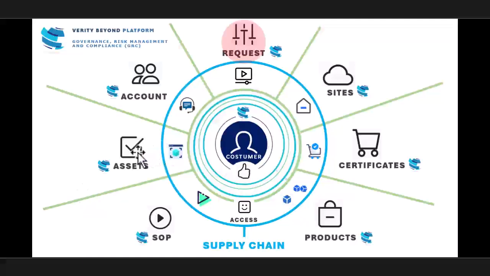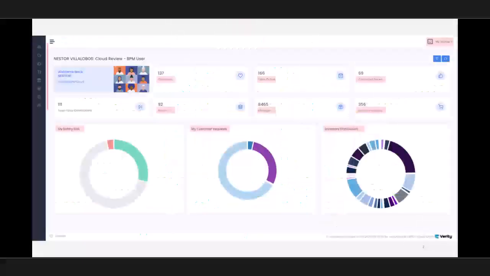We will be talking about assets, and lastly, the account, which is pretty much the settings that are required to do different settings behind, as the back end of the application. So today we'll be talking briefly about what a request is when you first launch VerityBeyond and click on the first icon right here.